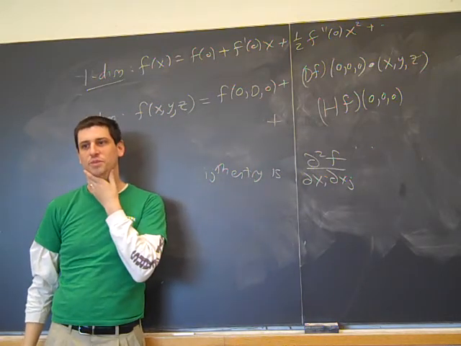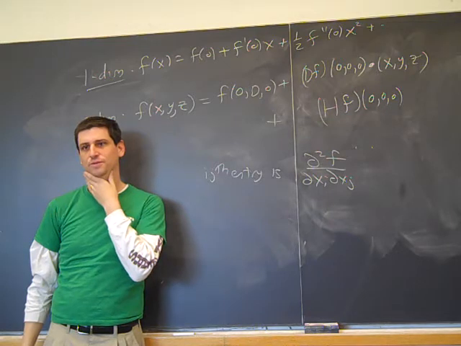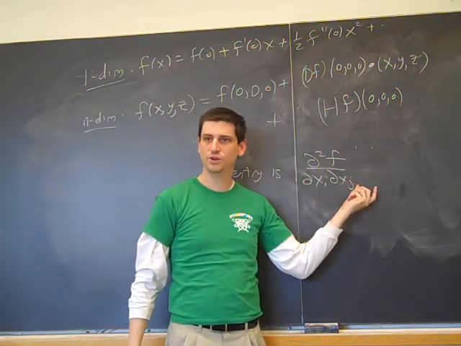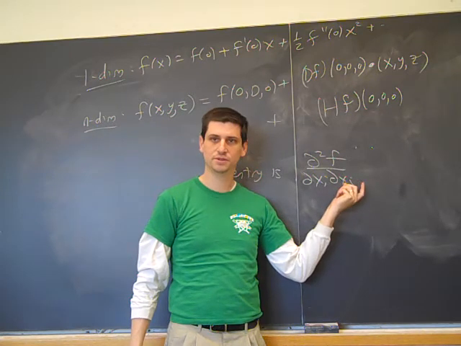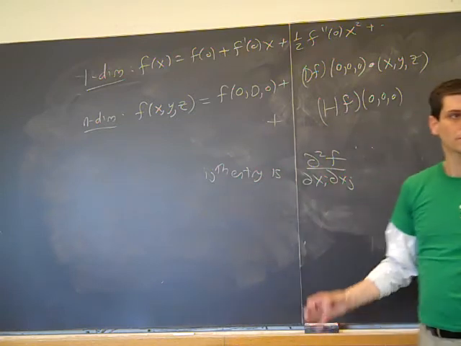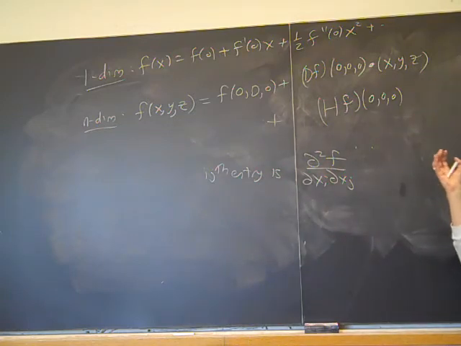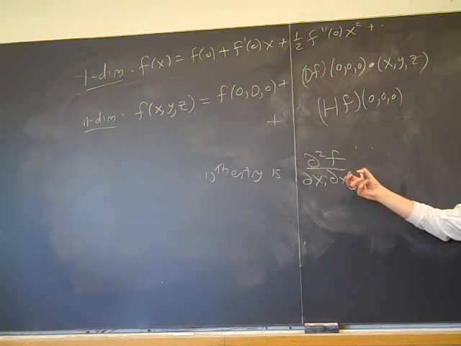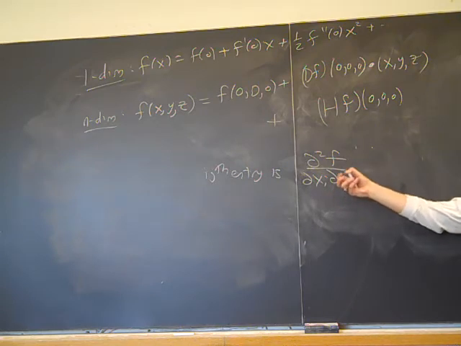What do I have to worry about? Whenever you see things like this notationally, what do you have to remember? I'm sorry? Can't divide by 0. We can't divide by 0, but what does this mean? Am I taking the derivative first with respect to xj and then with respect to xi, or first with respect to xi and then with respect to xj?